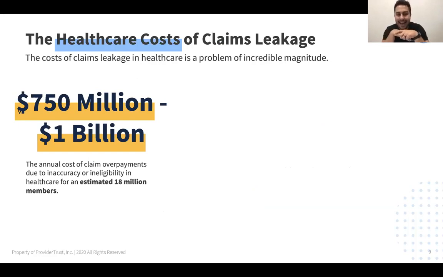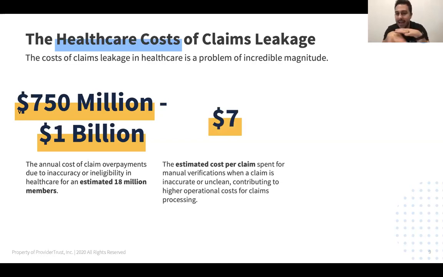It's estimated that anywhere between $750 million to $1 billion is the annual cost of claim overpayments due to inaccuracy or ineligibility in healthcare for every estimated 18 million members, right? We have seen that be proven as we've started to take a look at different populations and understanding claims analysis versus member and the ratio between them. And that seems to be pretty consistently true.